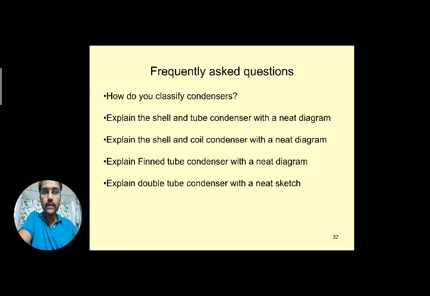Okay, so these are a few frequently asked questions which you can answer very easily. If you look at this video class, you can easily answer them along with the diagrams. You can practice the diagrams by pausing the video, and you can note the diagrams. And if you listen to the theory part, it will be very helpful for you.